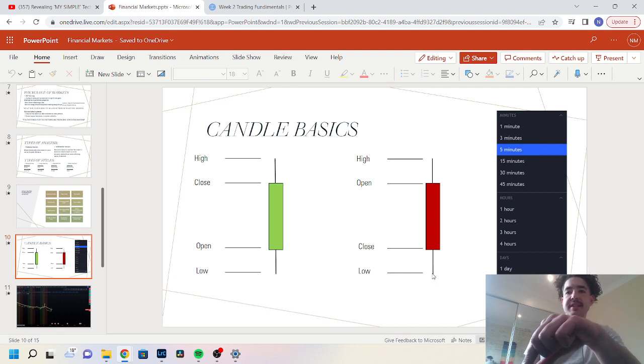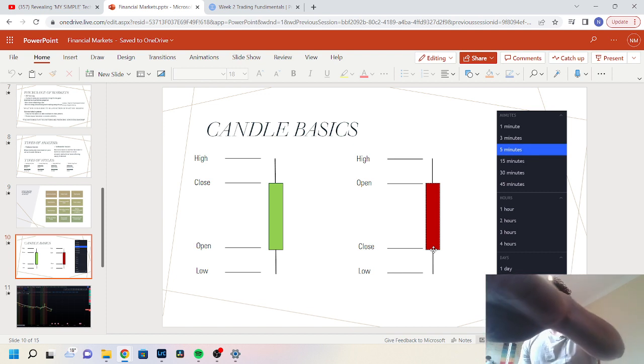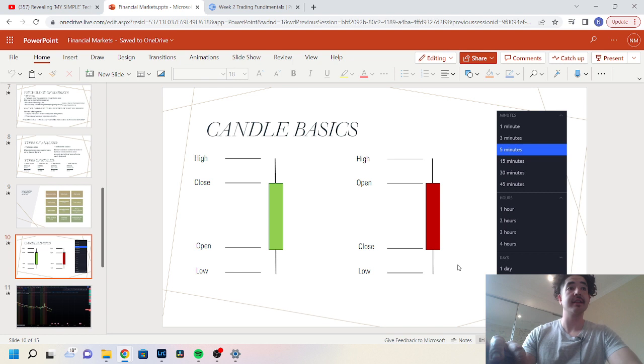It couldn't sustain that, so it's pushed back, and that's where the candle has closed. Essentially, that's the lowest point it can get to, and that's the highest point it's got to.